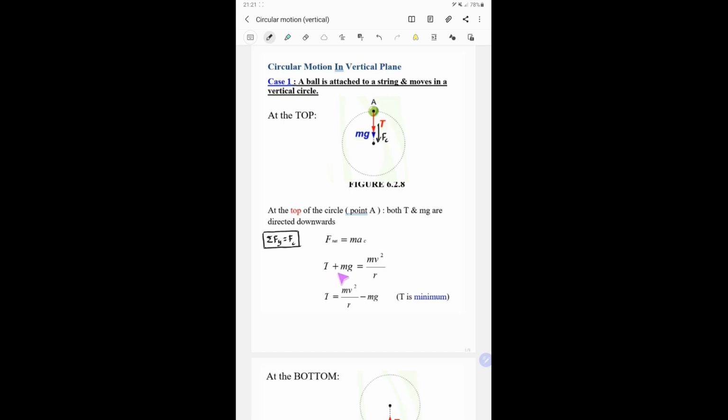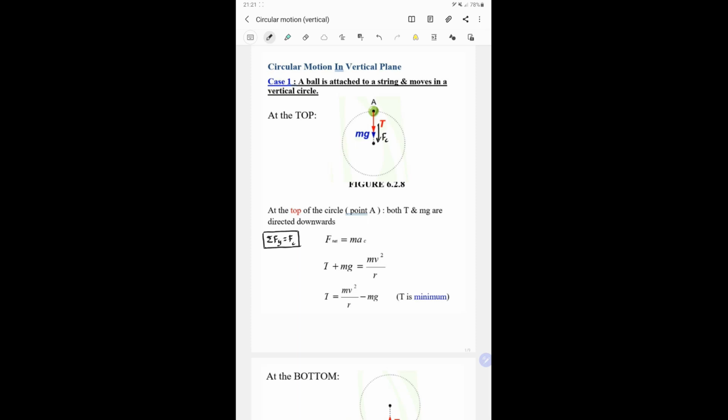So you get T plus mg equal to mv squared over r, giving you, if we transfer mg to the other side, T equals mv squared over r minus mg. So by having minus here, this gives you the minimum tension. Alright, this is what happens at the top position.